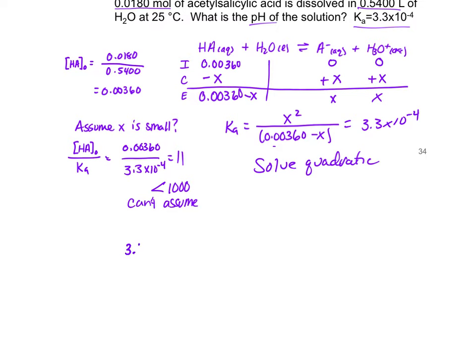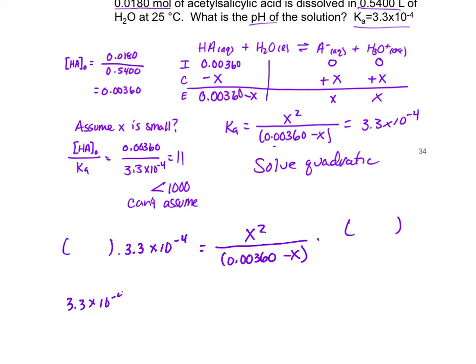So we're going to have 3.3 times 10 to the minus 4 equals X squared over 0.00360 minus X. And so we're going to multiply both sides by what's in the parentheses, 0.0036 minus X. I'll write it all out for you. 3.3 times 10 to the minus 4 times 0.00360 minus X equals X squared.